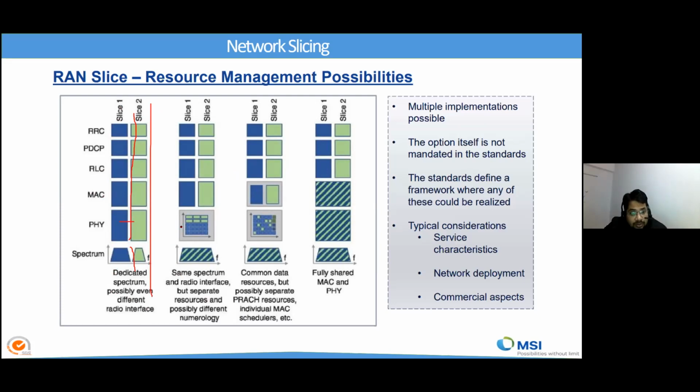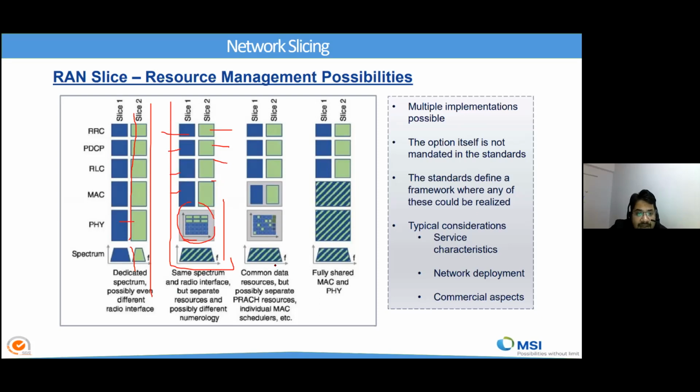And if we talk about the second example here, the operator provided one spectrum, so there is only one frequency, right? But the numerology, which in the case of 5G is different for the different use cases. But at the MAC layer, RLC layer, and PDCP layer, there are different slices or separate entities for each of these services, right?